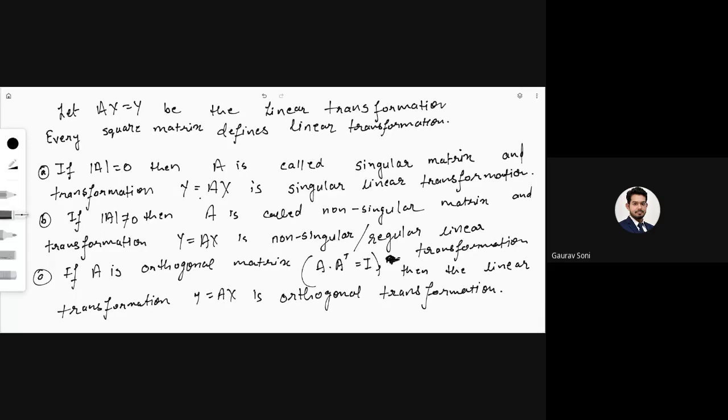So I think you must have noticed till now, what is a transformation? A transformation is simply a function from n-dimensional space to n-dimensional space. But the function is not arbitrary. It is always defined by an n by n matrix.